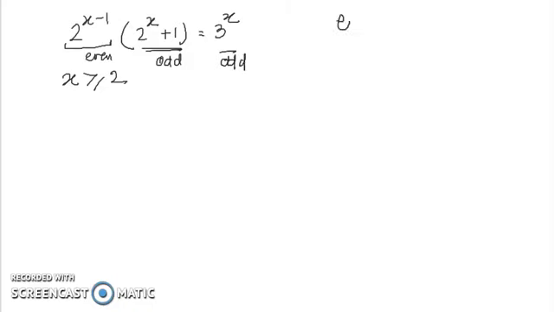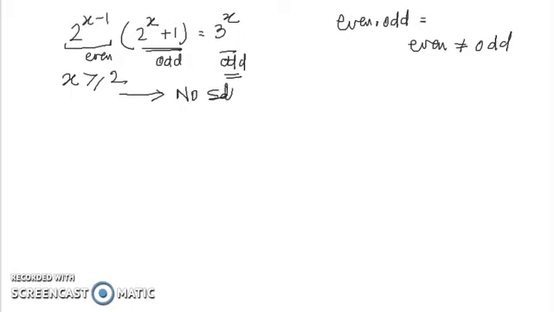But even times odd should give us even, and on the right hand side we are getting odd, as even cannot be equal to odd. So we will say x greater than or equal to 2 does not provide us any solution. It is marked as no solution.